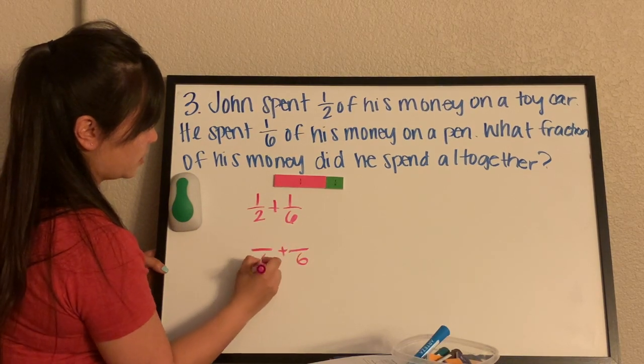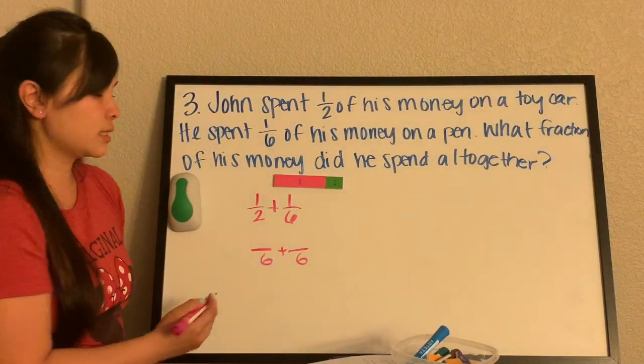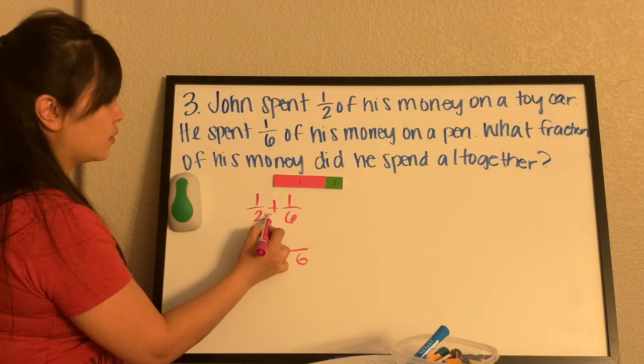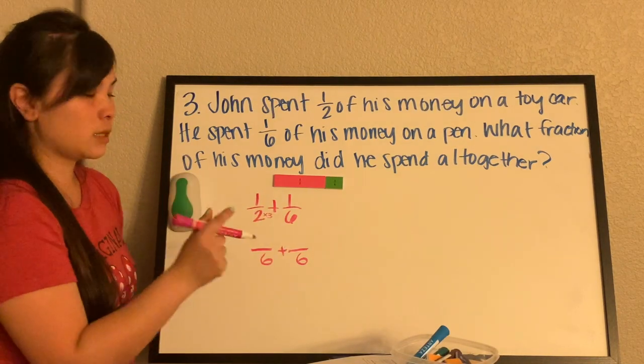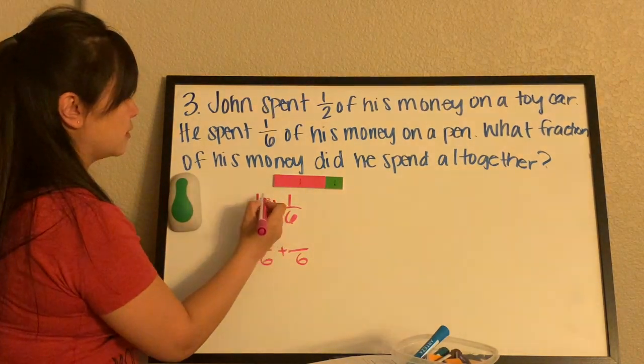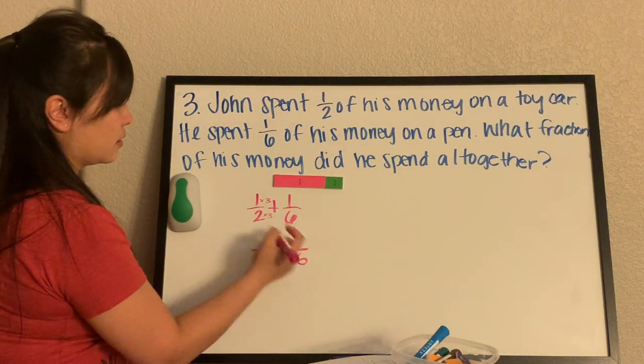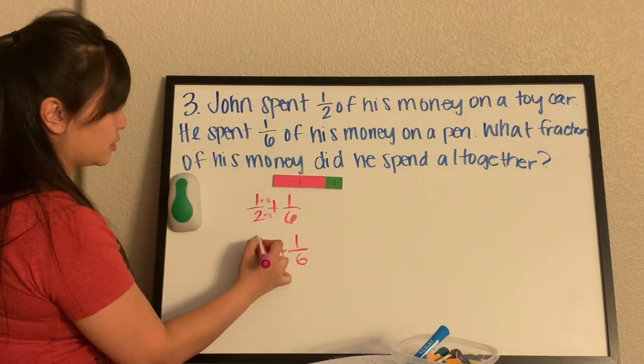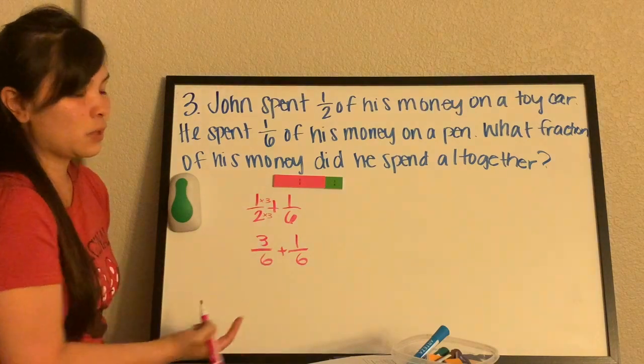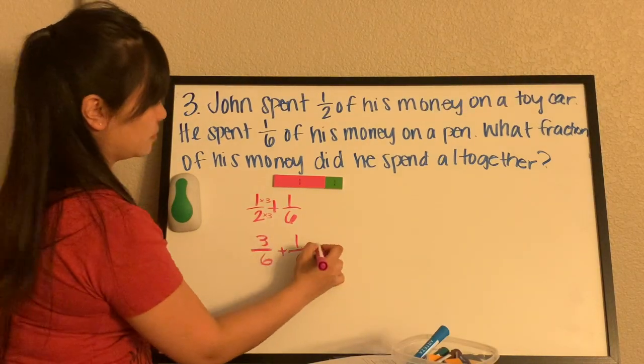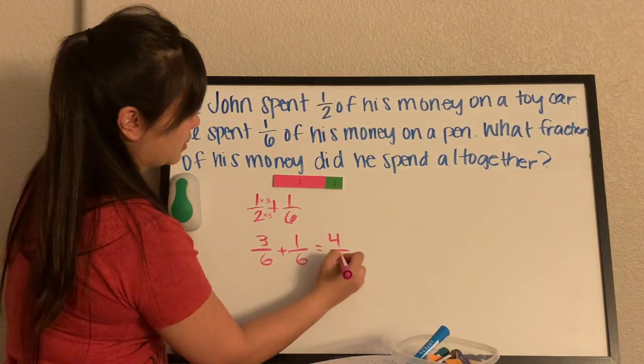Plus, and we're going to make this denominator into 6. 2 times 3 equals 6. We already skip counted there. Times 3. So 1 times 3 is 3. 3/6 plus 1/6. 3 plus 1 equals 4/6.